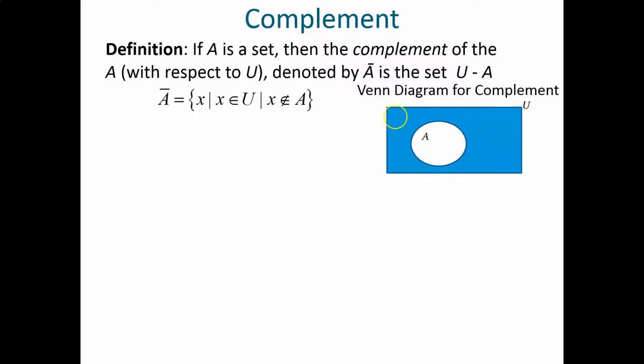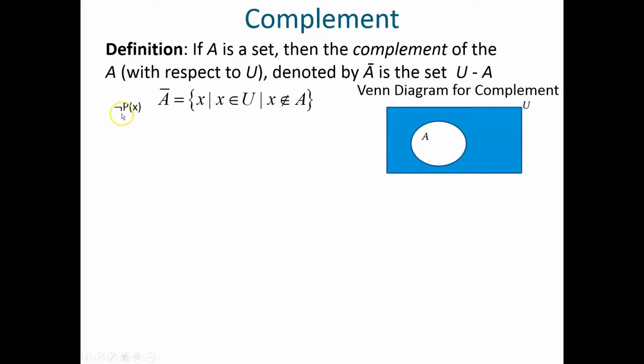So which means this shaded area you see in here, not including set A. So I have the universal set here, U. So I am subtracting set A from it. So when I take out set A from my domain, all of this shaded area is my answer.